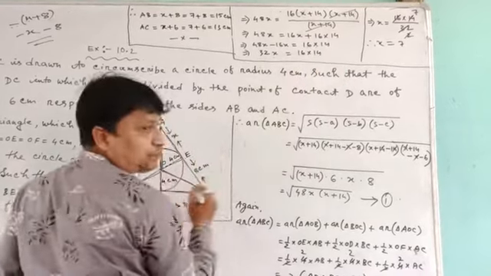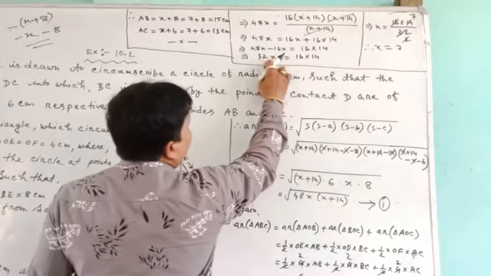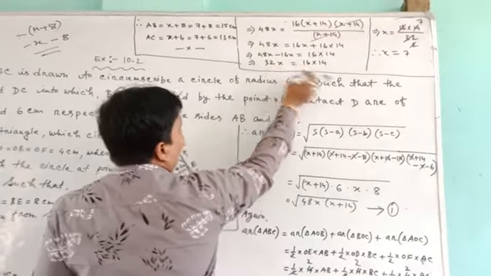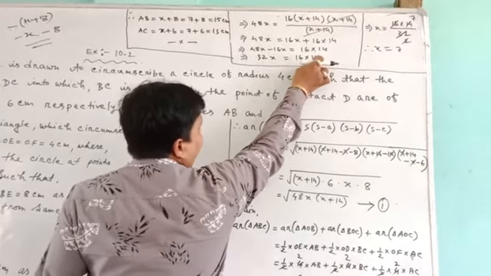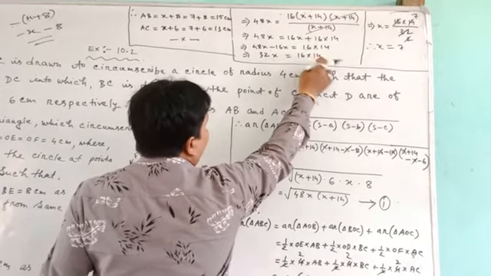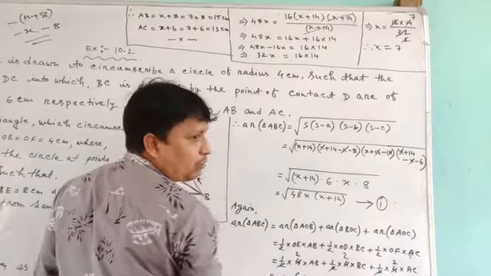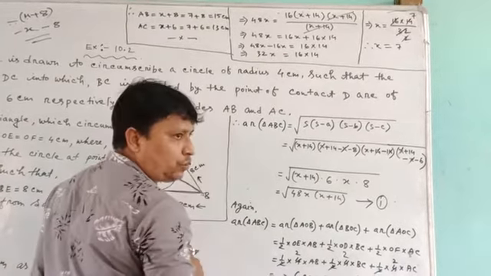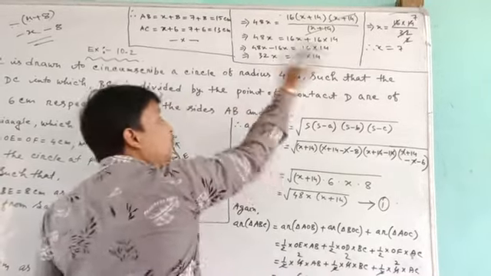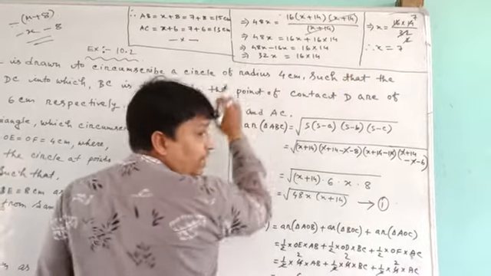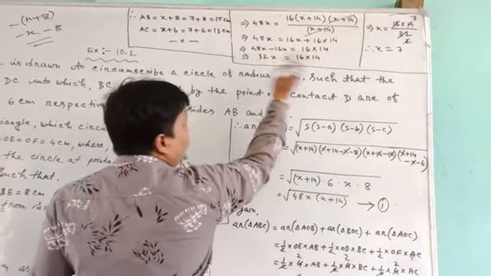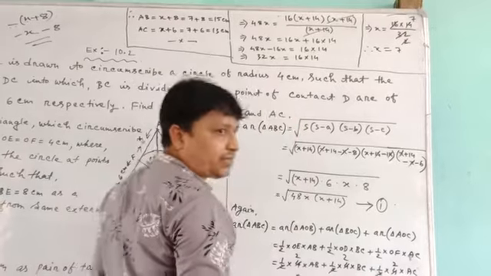Now here you see 32 into x on the left side, and 16 into 14 on the right side. Now we have to find the x value, so we shift 32 to the right side. If you shift any one factor to the right side, this factor will divide the right side value.